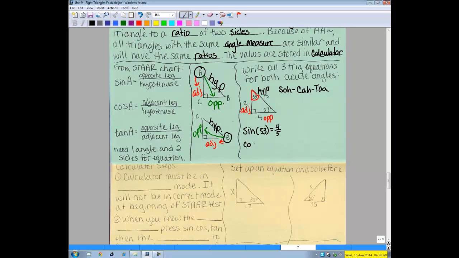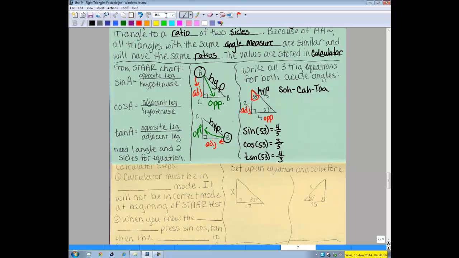The cosine of 53 equals, cosine is adjacent over hypotenuse, so 3 over 5. The tangent of 53 is opposite over adjacent, so opposite 4 over adjacent 3.